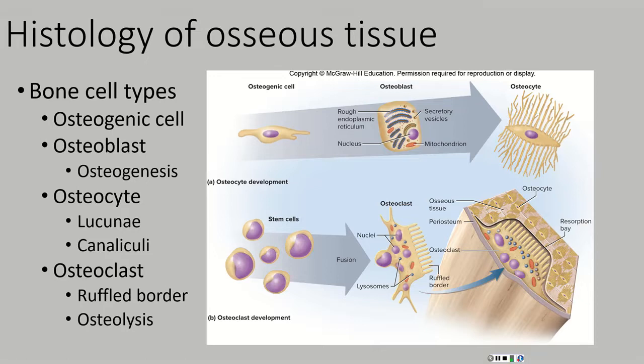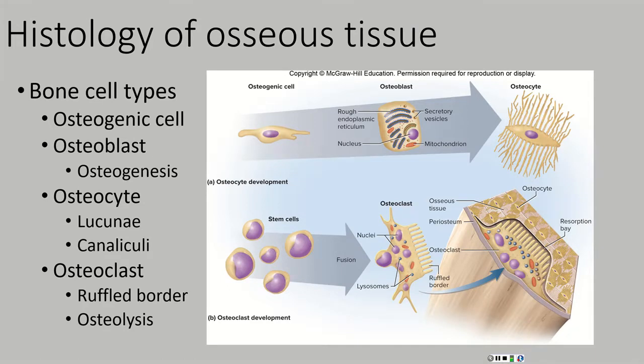We don't really produce bone, we convert cartilage into bone. So we're going to be looking at that a little bit later also. But osteogenic cells produce osteoblasts. Osteoblasts perform osteogenesis. They make bone.